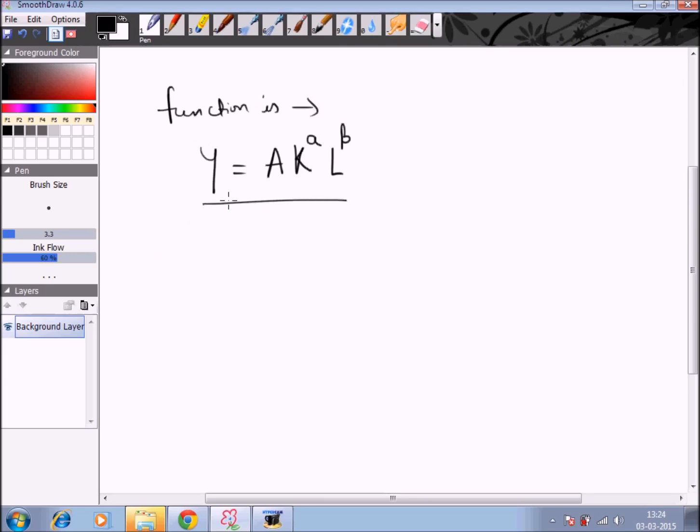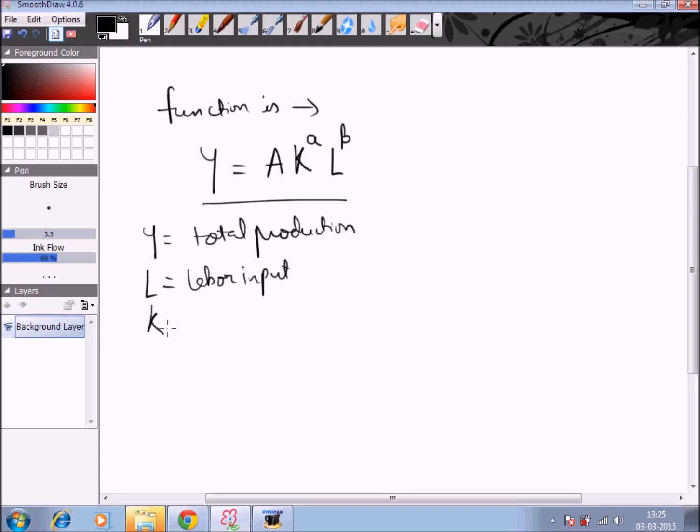Now let's see what all the constants mean here. Y is the total production, that is, the real value of all the goods produced in a year. Then L is the labor input, the total number of person-hours worked in a year.